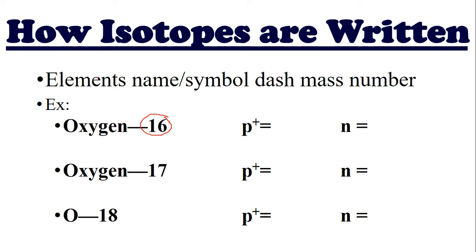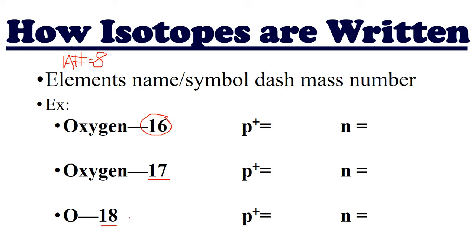Look up what oxygen's atomic number is. The atomic number of oxygen you should have found to be 8. So this oxygen has a mass number of 16, this one has a mass number of 17, and this one has a mass number of 18.